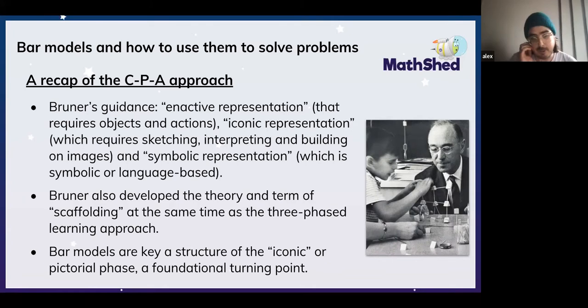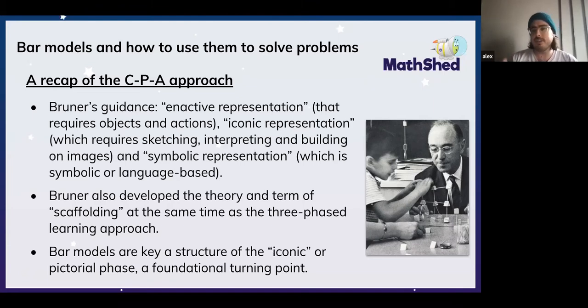That's the symbolic representation. And then he also developed the theory of scaffolding, which is a term that we all know, supports that we provide for children to help them access learning that's then pulled away as they become more proficient and masterful in that area of learning.